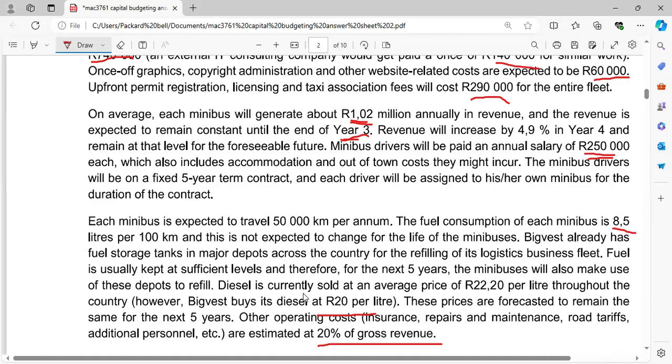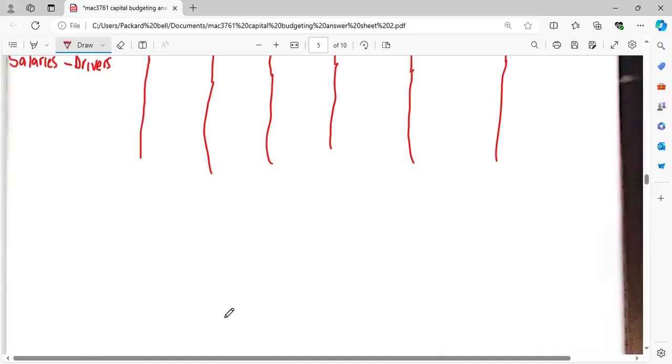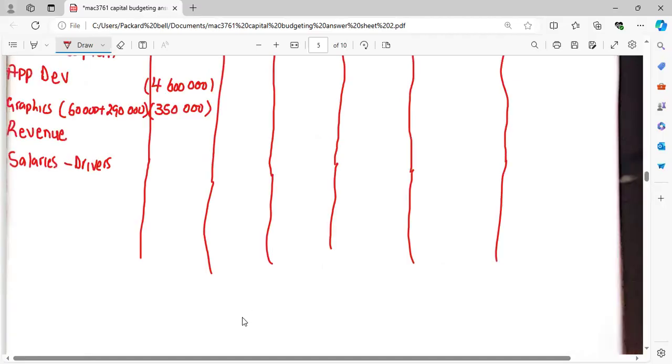Diesel is currently sold at an average price of 22.20 per liter throughout the country. Big Vest buys its diesel at, so which means here we have fuel cost. So in this paragraph, we're going to have fuel cost.